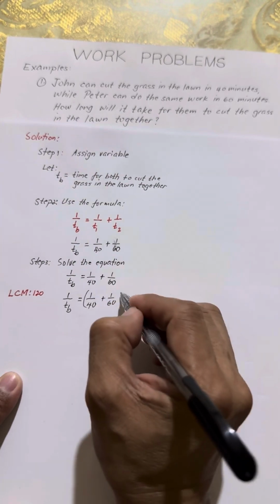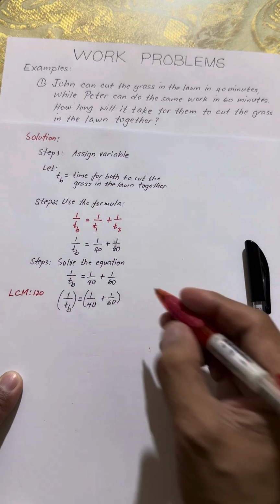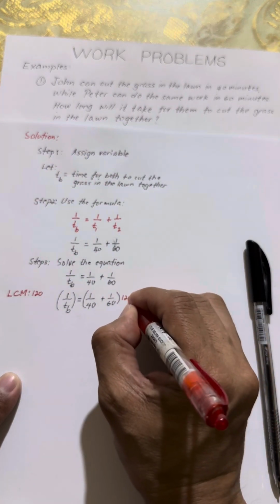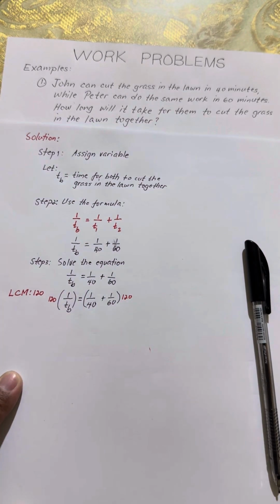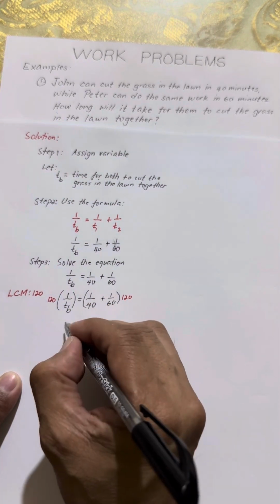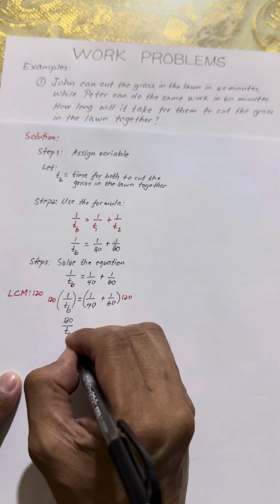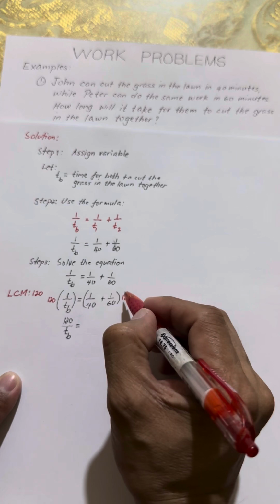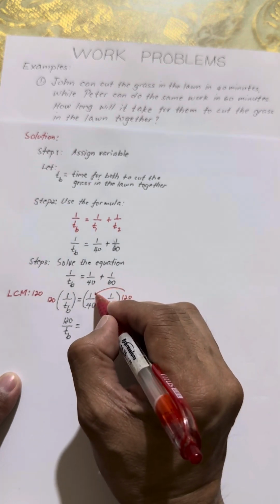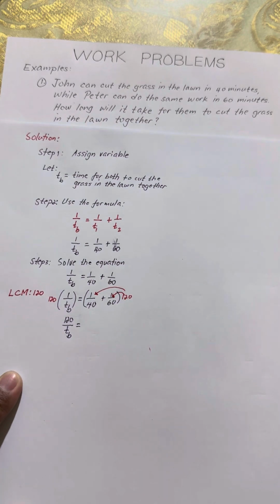Okay, so I group this into one. This is another group. Then I multiply both sides by 120. So 120 multiplied by 1 divided by t sub b is 120 divided by t sub b, equal to 120. We will apply the distributive property of multiplication, so multiply 120 to each term on the right side.